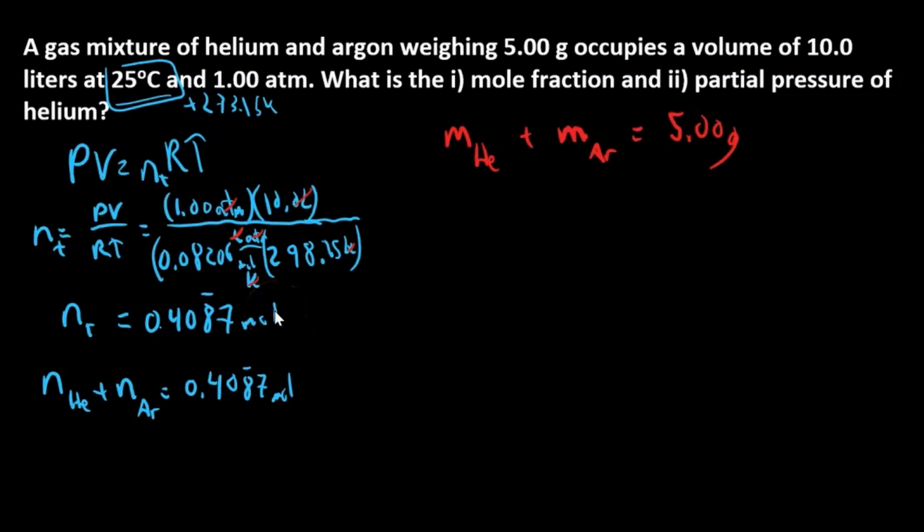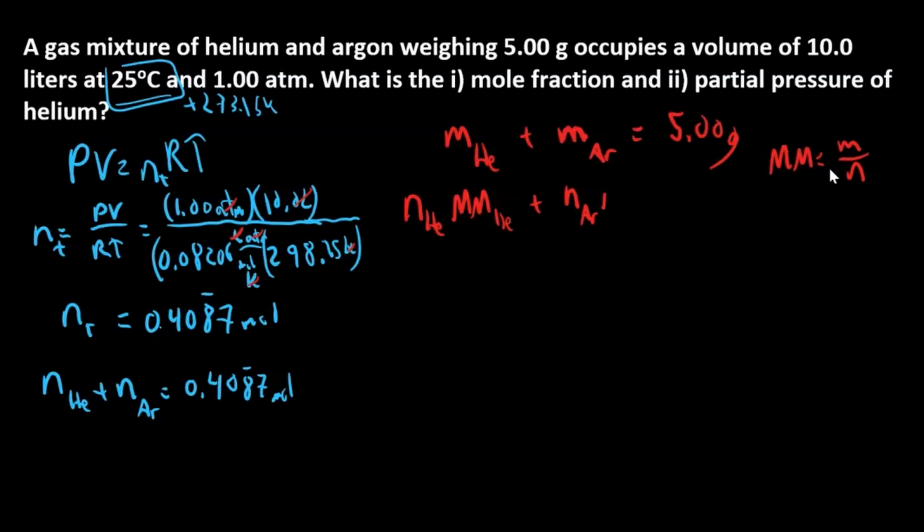Well, we can use our good old friend, the molar mass. Molar mass equals mass over moles. So if we solve for mass, the mass of a compound is equal to its molar mass times the number of moles there are. So we can say that rather than writing mass of helium, we can say this is equal to the moles of helium times the molar mass of helium plus the moles of argon times the molar mass of argon.